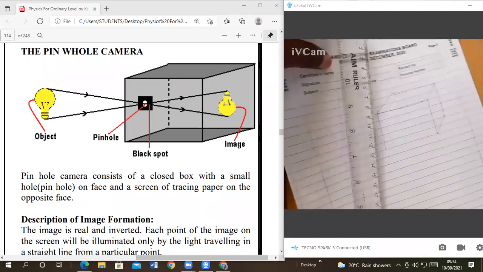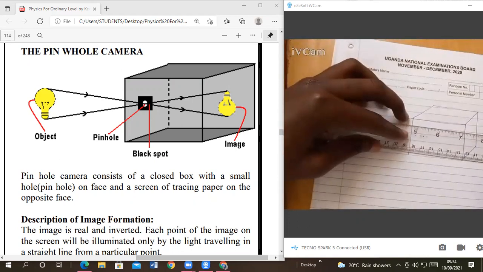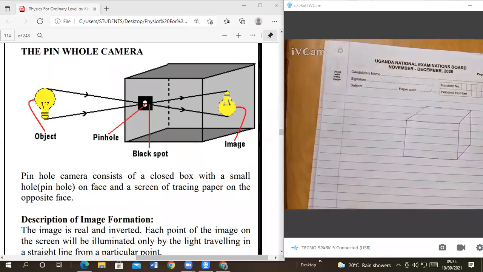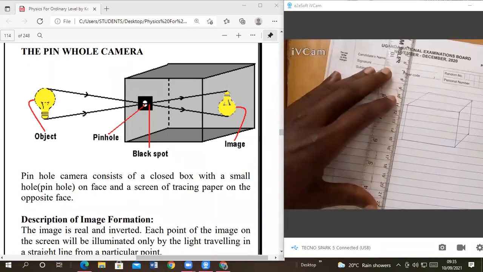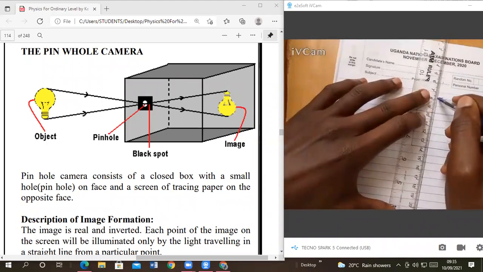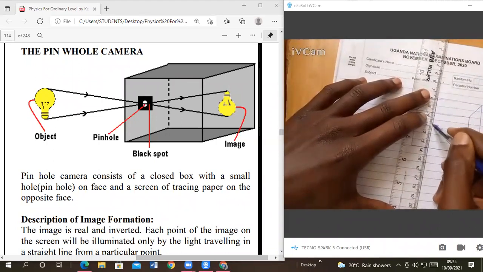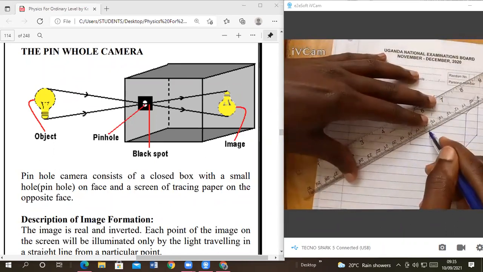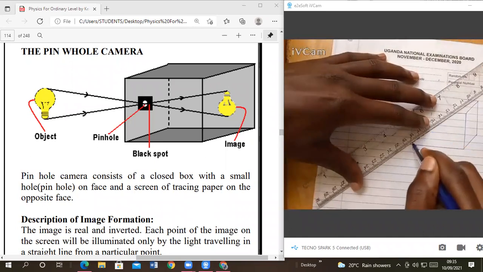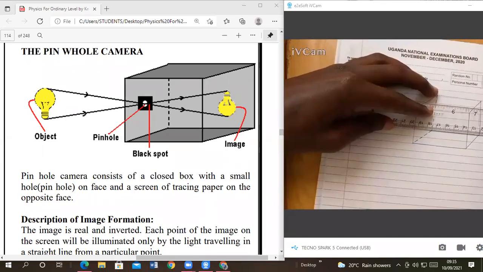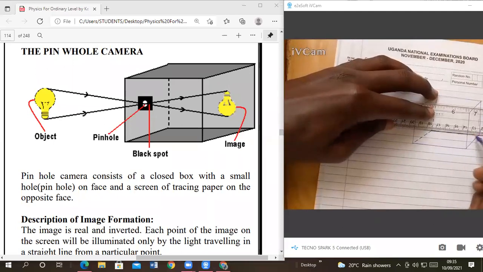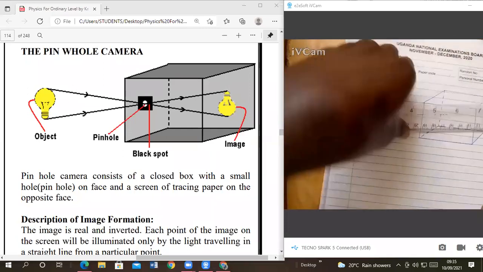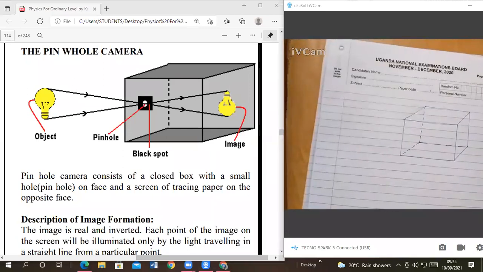That's the other face, which we can't see, so we use a dotted line for that. So that's my box, members.